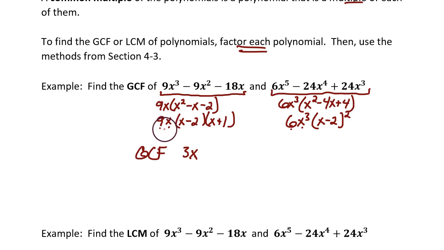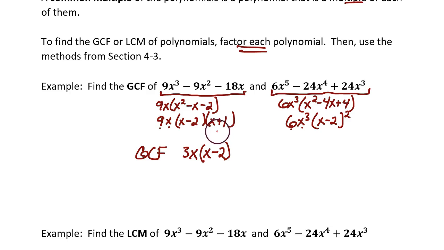Now let's look at our binomial factors. This polynomial has a binomial factor of x minus 2. Does the other one? Yes, it does. So there's an x minus 2 factor in the GCF. This polynomial has a binomial factor of x plus 1. Does the other one? No, it doesn't.